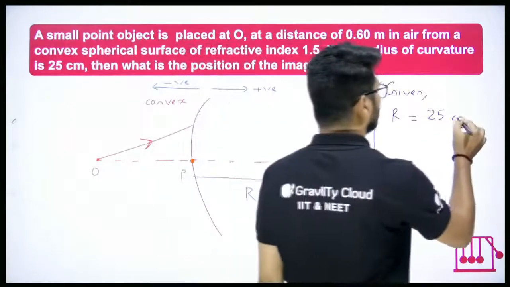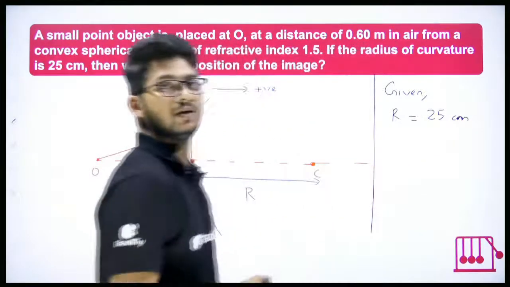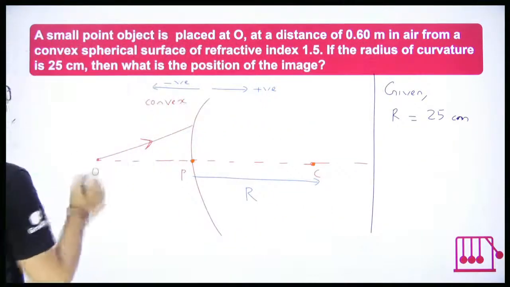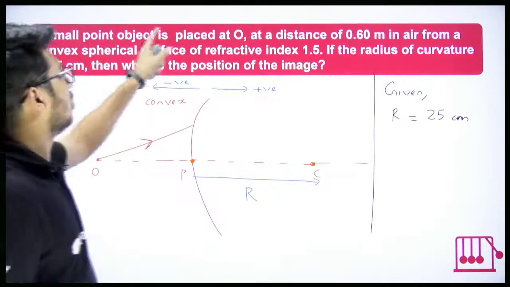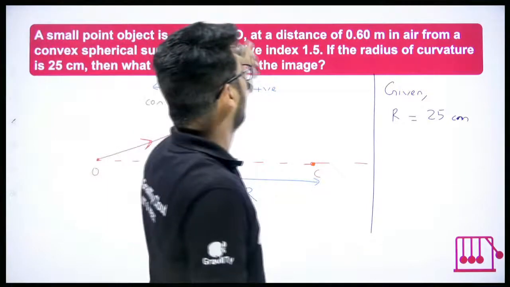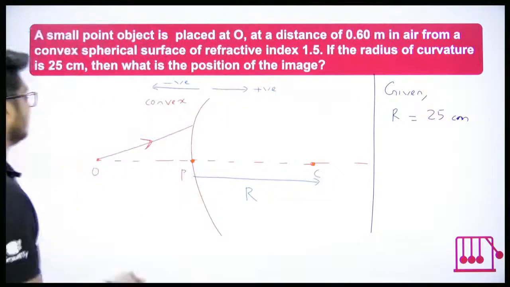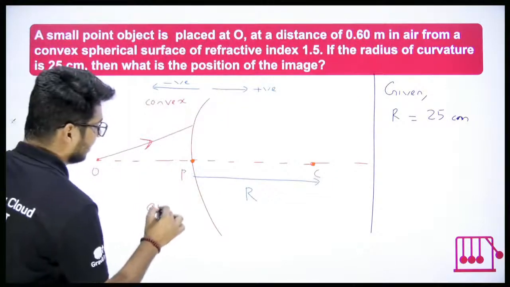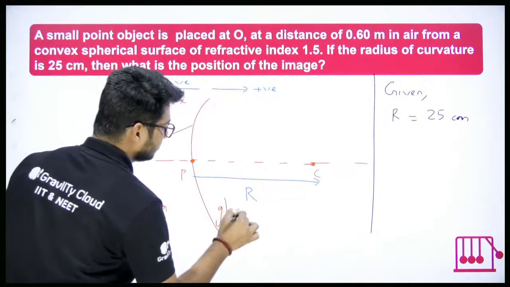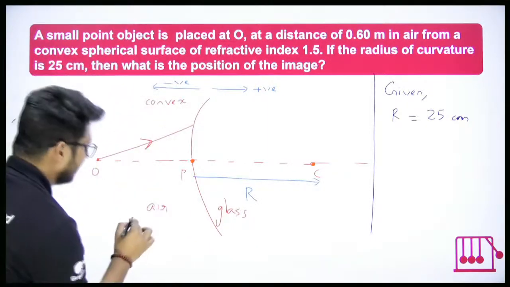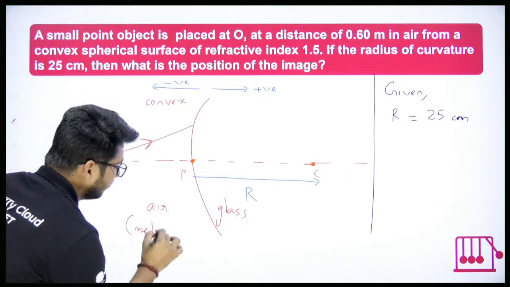So we got the radius, yes or no? Yes. Then what is the first medium? A small point object is placed at O at a distance of 0.60 meter in air. So this is the first medium, air, and this is glass. The incident ray is in air, so that is medium 1.